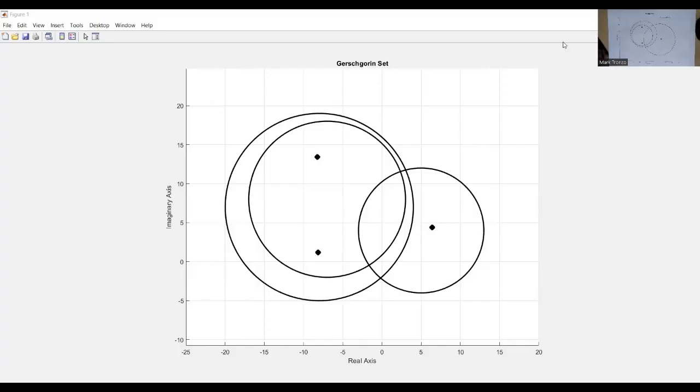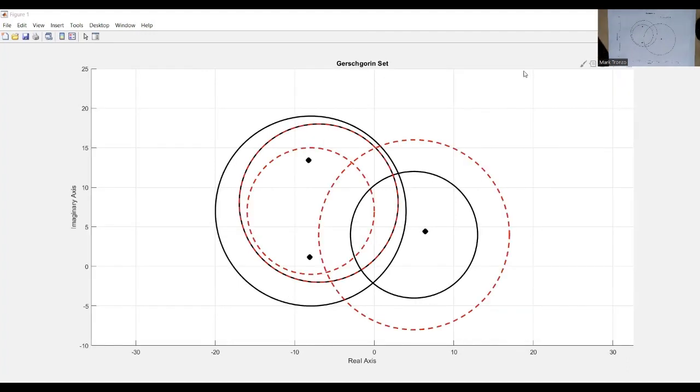So let's take a look at this on MATLAB. Here I plotted the original Gershgorin set. And now I've superimposed the Gershgorin set for the transpose of the matrix. As I mentioned before, notice that one of these circles up here overlaps the original one.